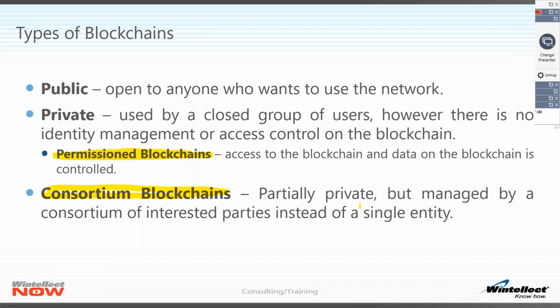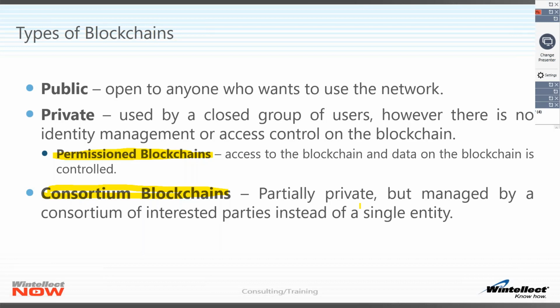And we see a lot of activity around this right now, particularly in the financial space, with banks and other entities becoming more interested in blockchain technology, and also within the healthcare space, where swapping medical data is becoming increasingly more difficult. So they're trying to figure out a way to facilitate that in a secure way, and blockchain technology seems to be rising to the occasion. So these consortiums, healthcare consortiums or banking consortiums, are creating these blockchains.